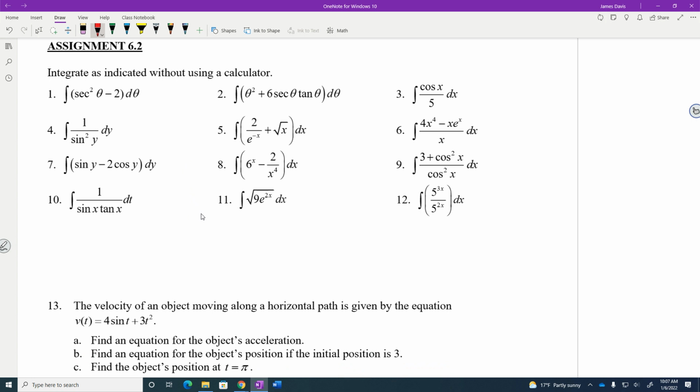What's one or two that look really challenging? Like, pick out two of these. What do you guys want to do?